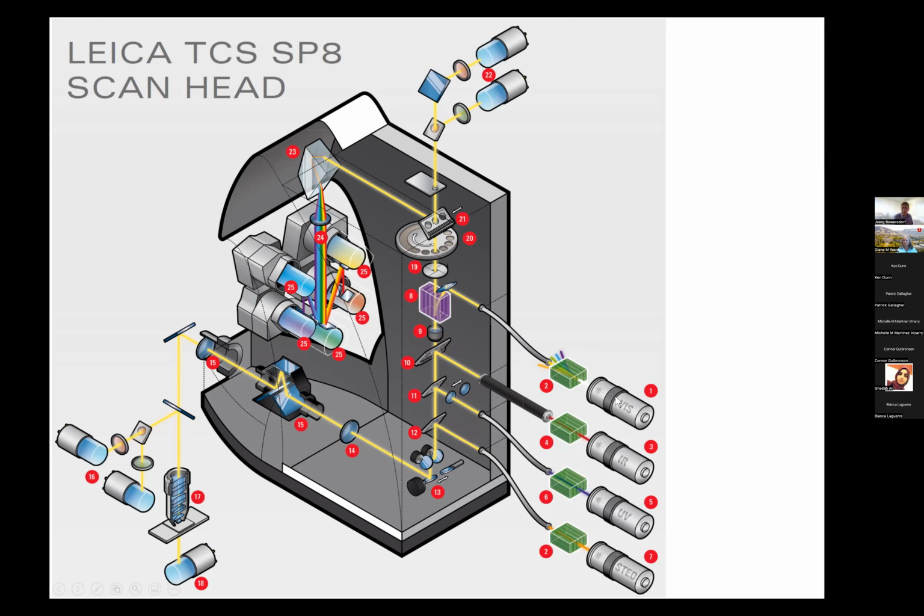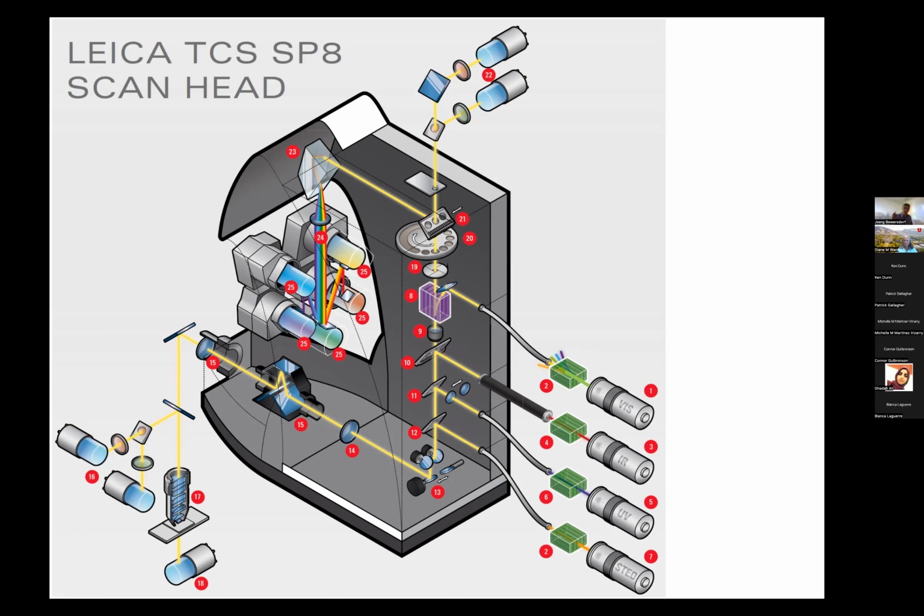So here's our visible laser light source. There are alternative light sources, but we're not talking about those. And light is now coming out of that laser. The first thing it will experience is some kind of adjustable filter, which is typically an acousto-optical tunable filter, which allows you to tune the intensity of that laser beam.